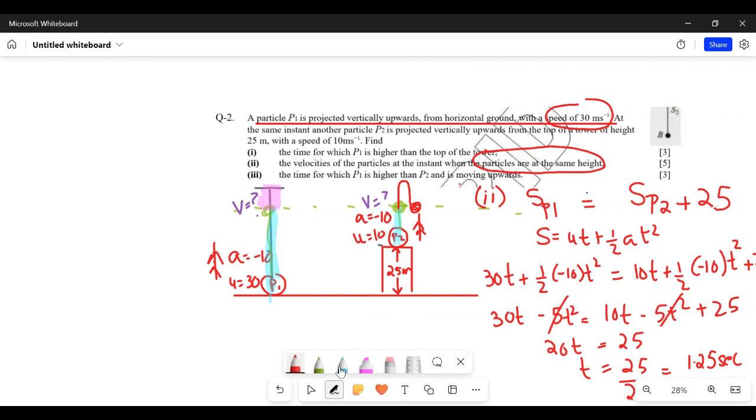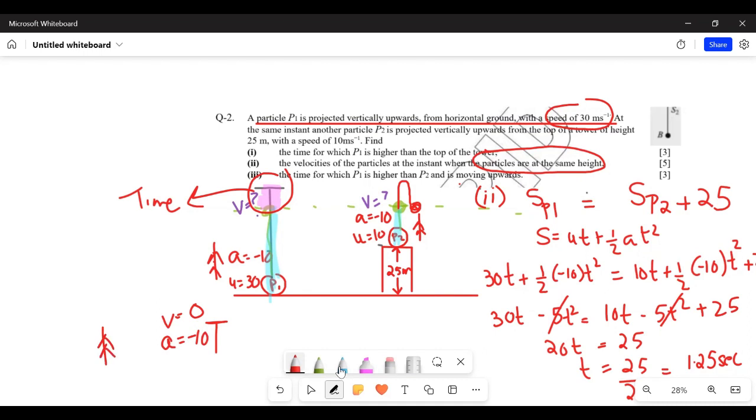So how do we find the time in this small chunk? What do we know about this chunk? We know the final velocity is going to be 0. That is what we know. We know the acceleration, which is going to be minus 10 since it's going upwards.